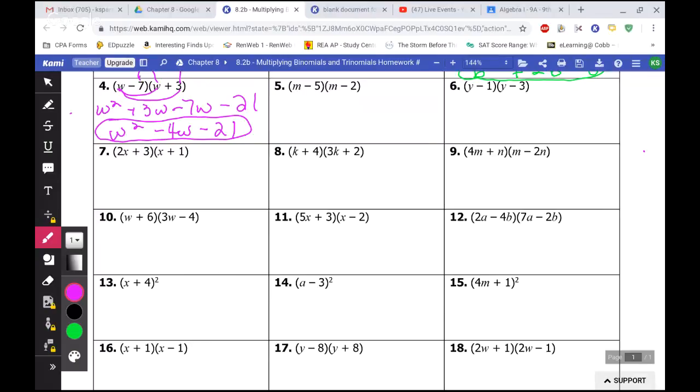All right, so applying the FOIL method, we've got first, which is going to be 4m squared. And now outer, which is going to be 4m times a negative 2n.